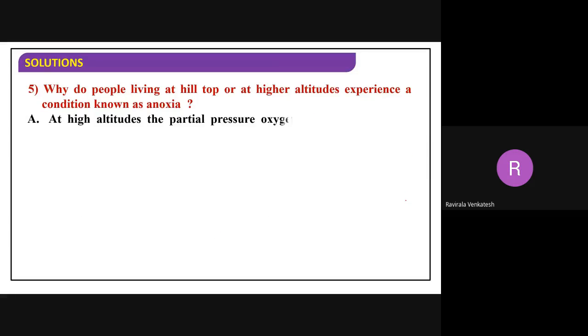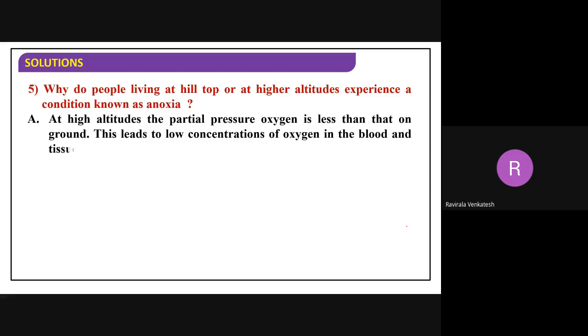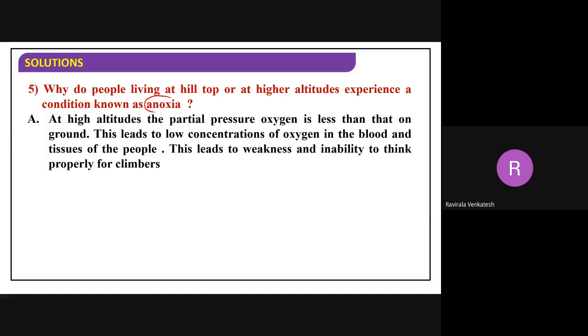Why do people living at hilltop or at higher altitude experience a condition called anoxia? Here, if you observe, again Henry's law: at higher altitudes the partial pressure of oxygen is less, because if you go to higher altitude the pressure decreases. Therefore the partial pressure of oxygen is less than 1 atmosphere.